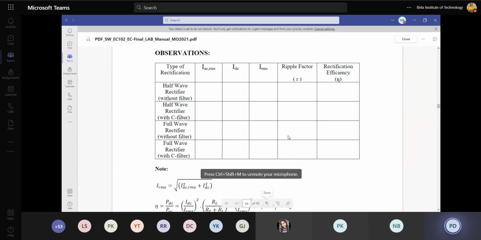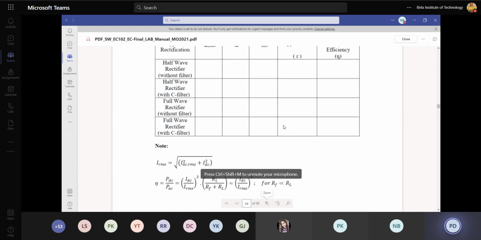And IRMS is the overall RMS value of the signal. You need to measure these values from your circuit, then by putting them in the formula you can calculate the efficiency and ripple factor for both the half wave and full wave rectifier circuits.